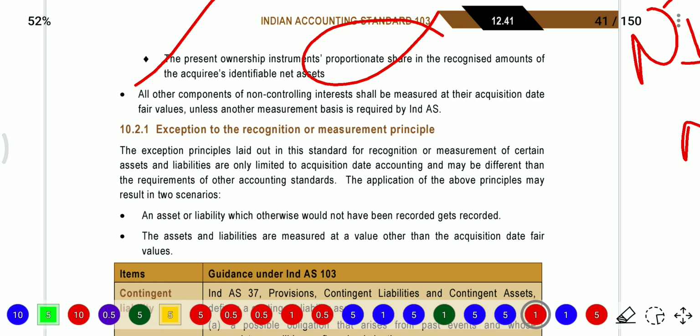First of all, the exceptions to recognition and measurement principles, which are limited to acquisition date accounting. Here, whatever assets or liabilities are otherwise not recorded, like contingent liabilities, the contingent liability is recognized if its fair value can be measured reliably.